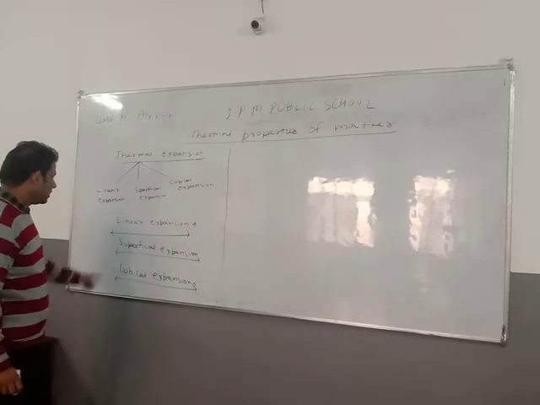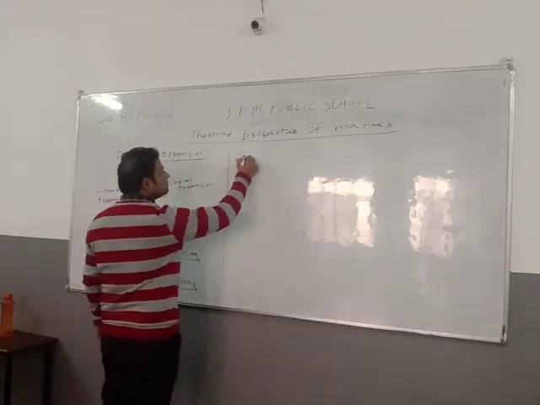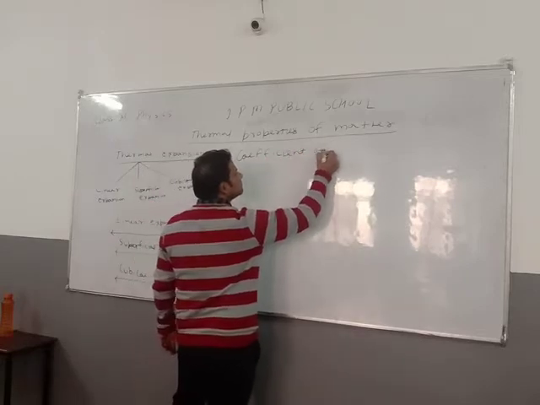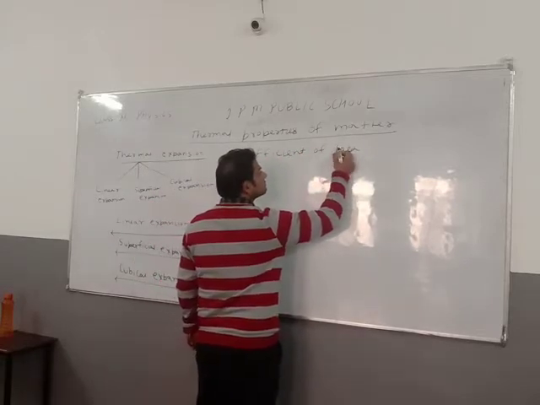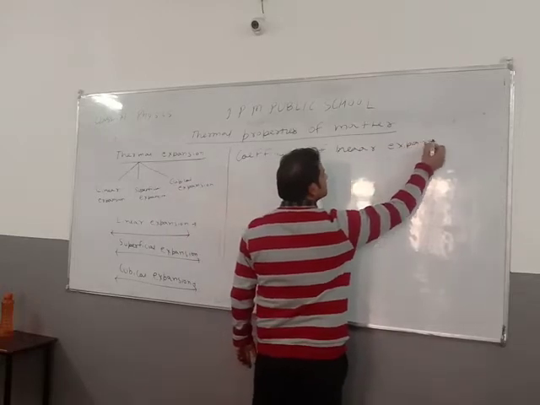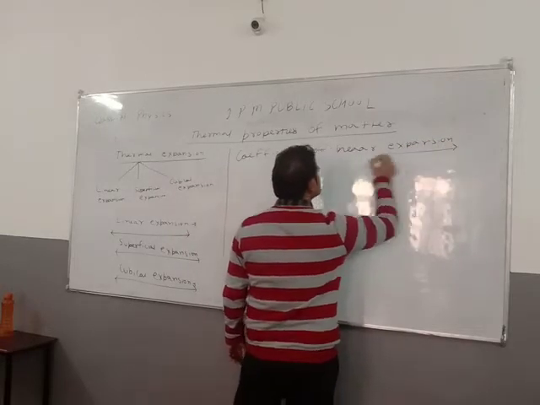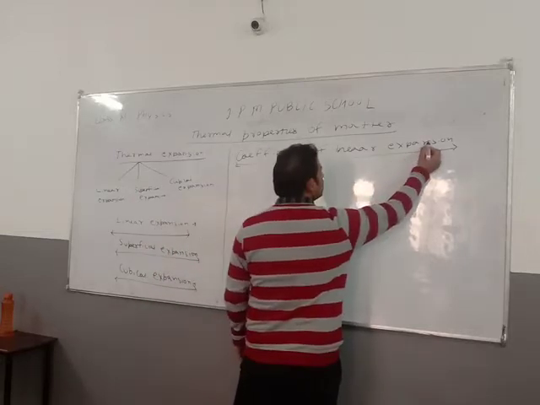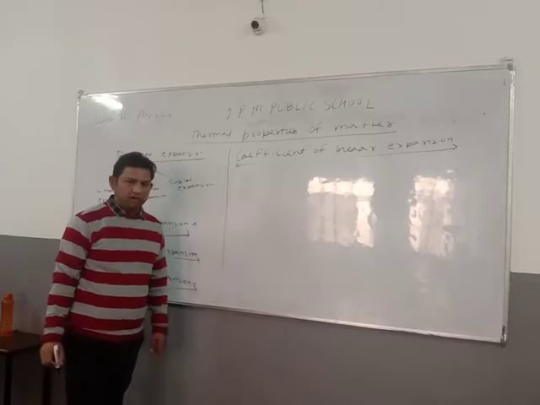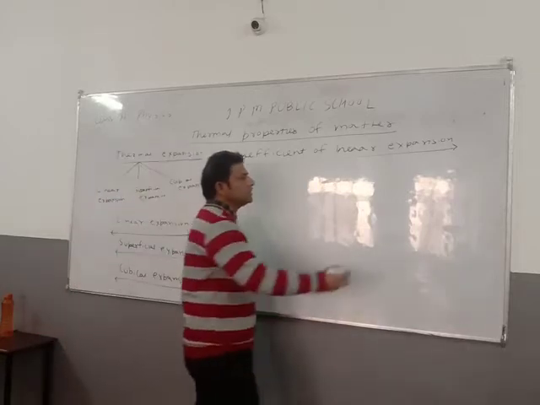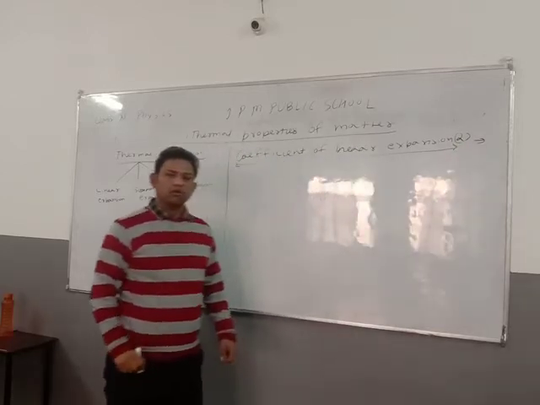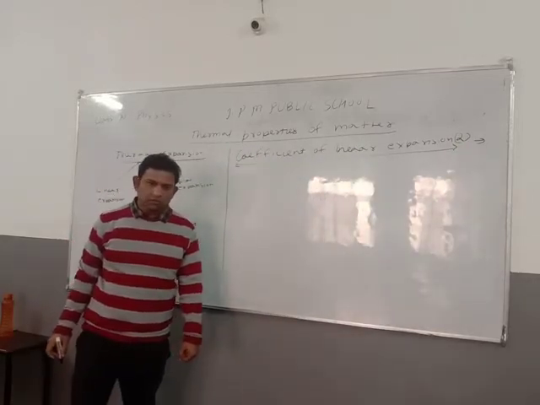Next, students, coefficient of linear expansion. Coefficient of linear expansion, students, it means we take alpha. Alpha is the coefficient of linear expansion. So we can find the formula for alpha.